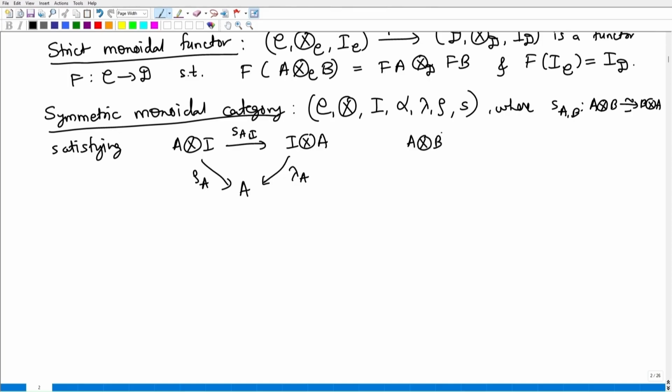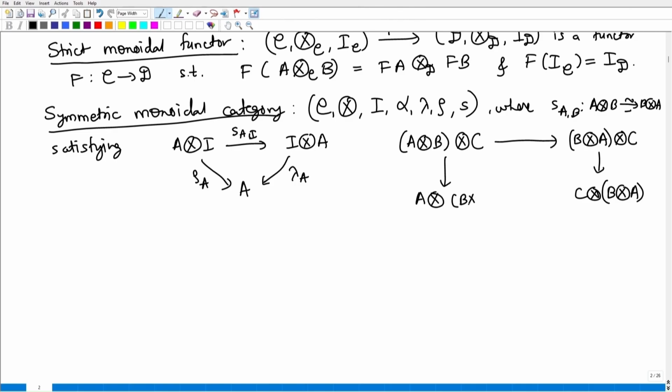Well, we have A tensor B tensor C. From there we can go to B tensor A tensor C. Then from here we can go to C tensor B tensor A. This is the exact opposite, and there is another way to reach here.